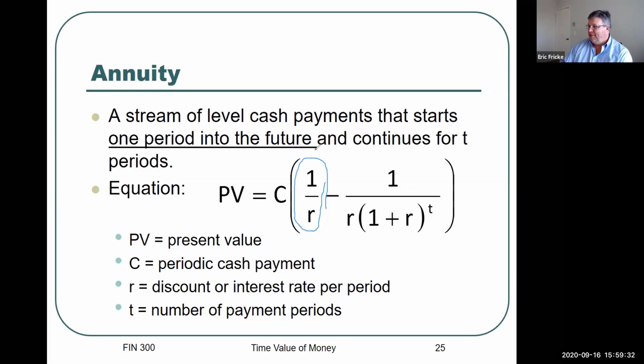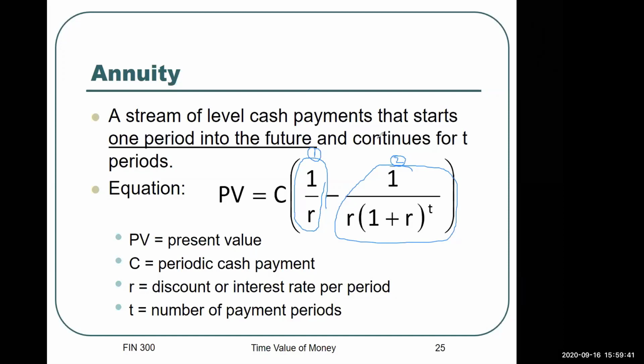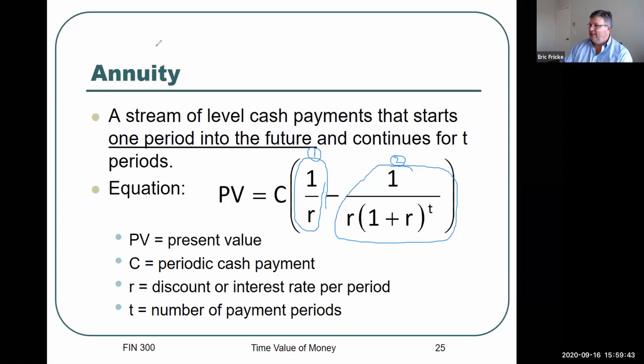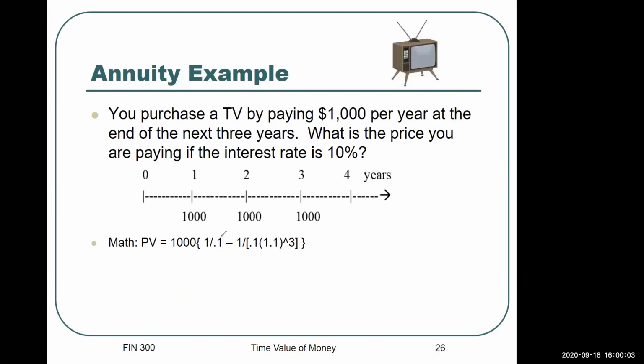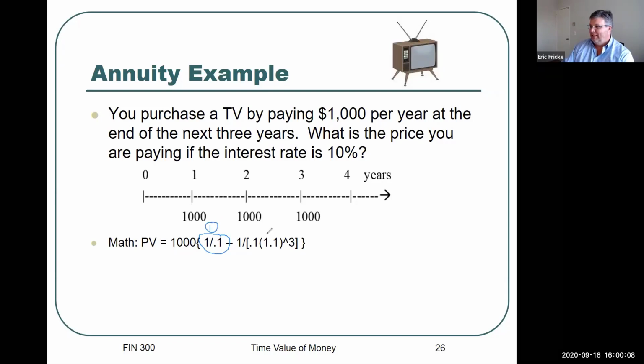So this is that first term right here, and this is the second term within the parentheses. Then if I go to the next slide, here's that first term, 1 over R, and here's that second term within the parentheses. So this is the same formula as on the previous slide, just written out in text form with the numbers and everything.